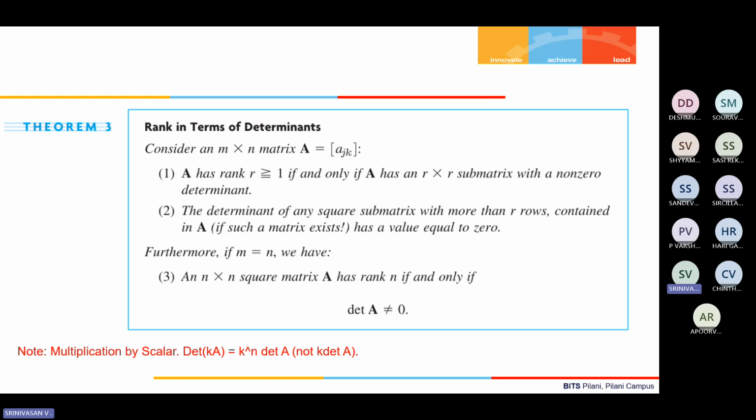Determinant of kA means each row or column is being multiplied by a common constant k. Each row. So in that case, it is not just k, it is k power n if A is of order n by n. I think time is running out, so if we find time, then I will come back to it and show you this.